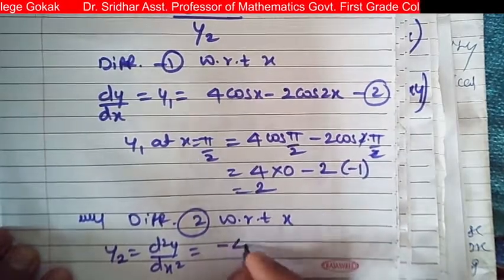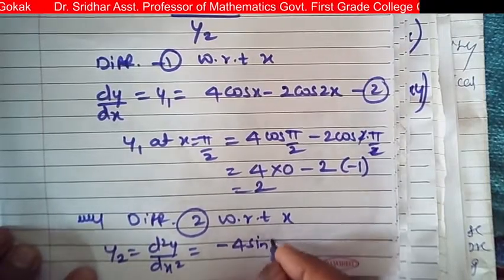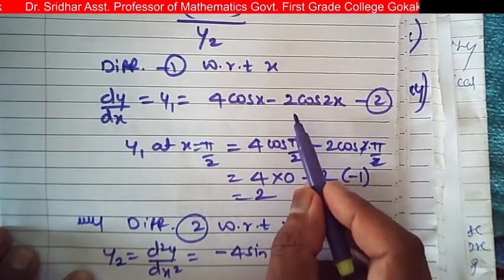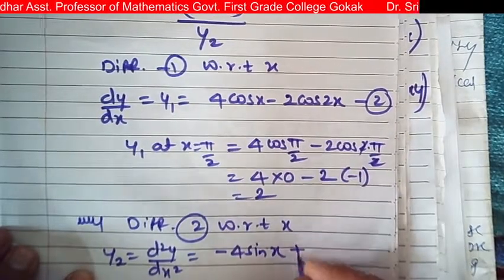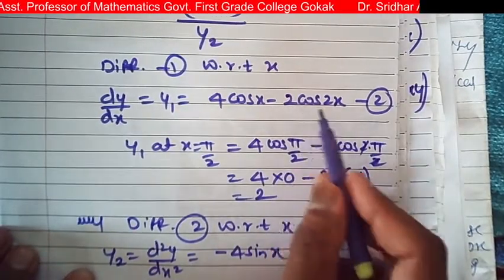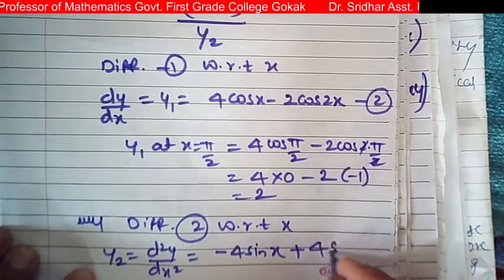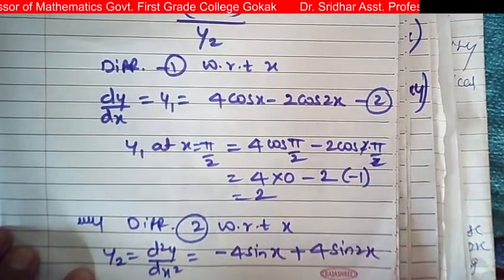And for the second term, the differentiation of cos 2x is minus 2 sin 2x, so minus minus becomes plus, 2 into 2, 4 sin 2x.